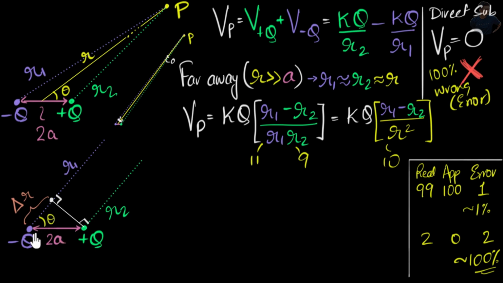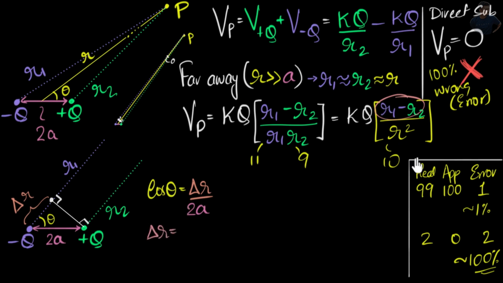All right. So in this triangle, notice 2A is the hypotenuse, and what we need is the adjacent side. So I'm going to use cos theta. So from here, I can say cos theta equals delta R divided by 2A. And so what is delta R? Delta R is just 2A cos theta. Let me write that.